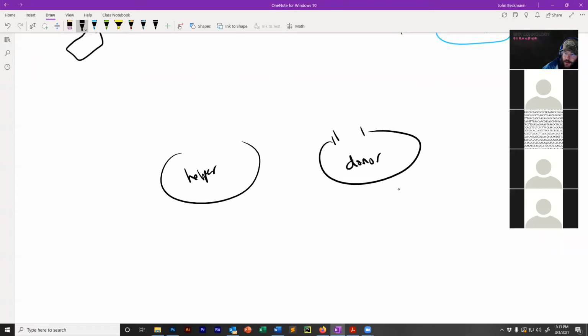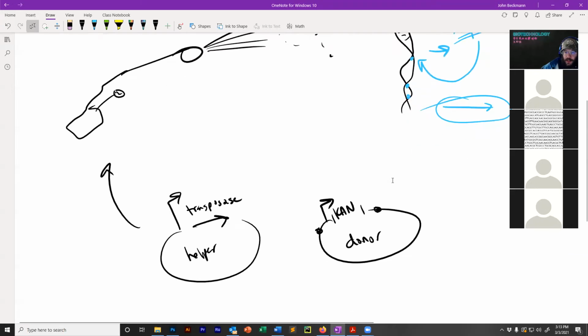And in the donor, you just put some kind of selectable marker with IRs, inverted repeats, or transposase recognition sites. Helper plasmid is going to be some kind of transposase. Okay. And this can be your shotgun. Let these two plasmids be your shotgun.